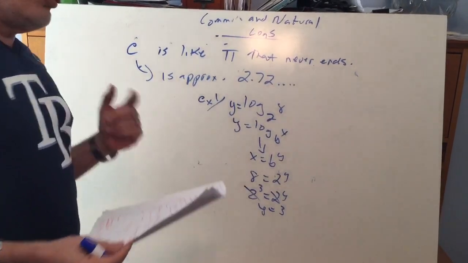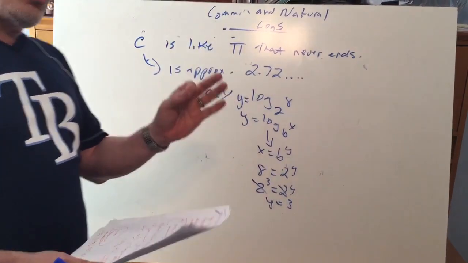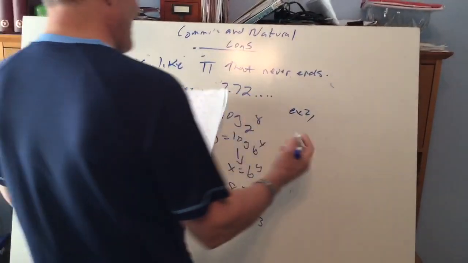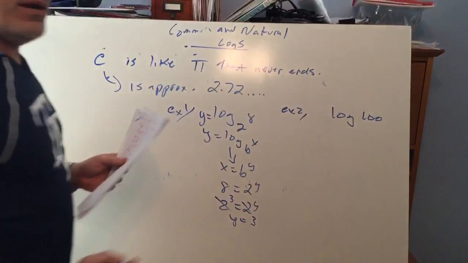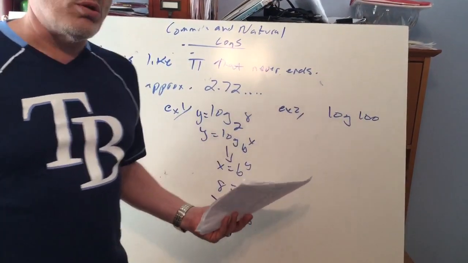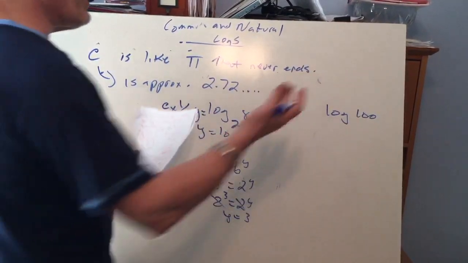Now, with the new thing I just taught you, what did I say? I said the 10 is invisible. So with example 2, real fast, if I said to you, solve log 100, some of you would look at that and say, well, Mr. Mastella, I can't solve that. Well, obviously you can't unless you put what's invisible, the 10.